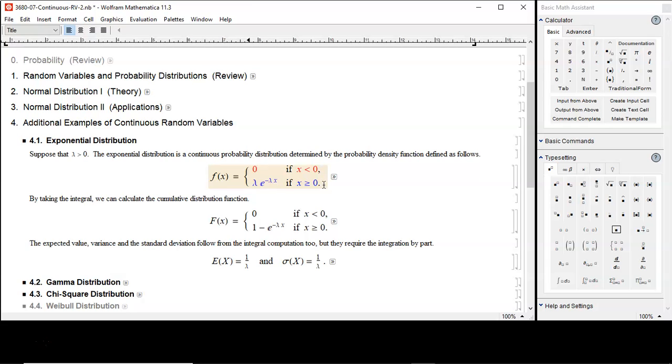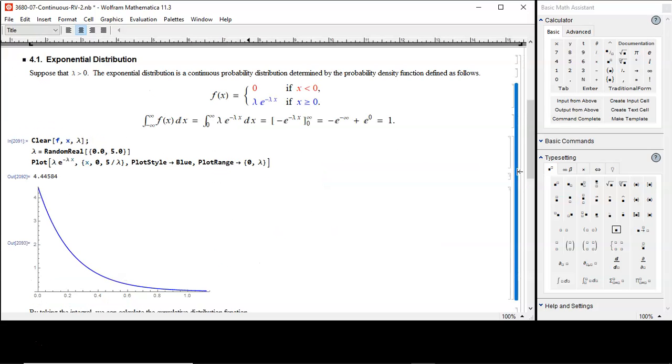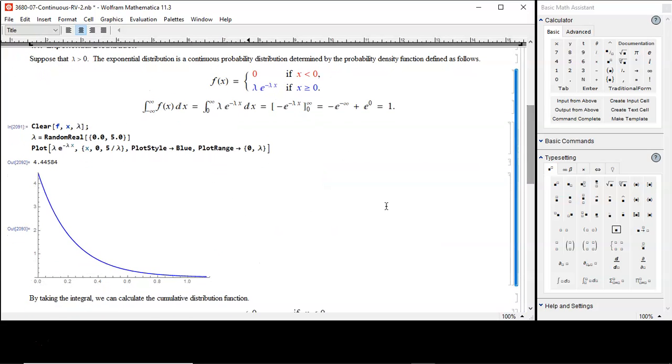Now, is this a valid probability density function? Well, one way to see it is to check the graph, and indeed, to the right it goes down to 0 because lambda is positive, so e to the negative lambda x goes to e to the negative infinity, which is 0.